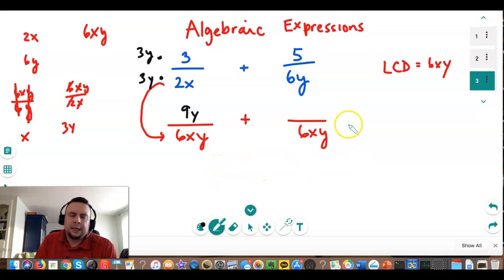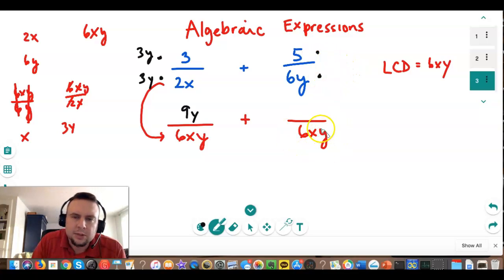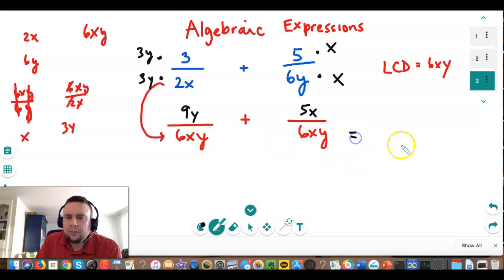All right, look at the other one. 6y times something gives me 6xy. Well, this one isn't bad. 6y times x gives me 6xy. But multiply the bottom by x, multiply the top by x, and you get 5x. 5 times x, which is just 5x. Now, since they have the same denominator, you can just put it over one big fraction, 6xy.